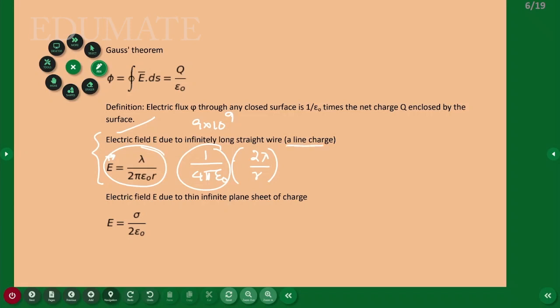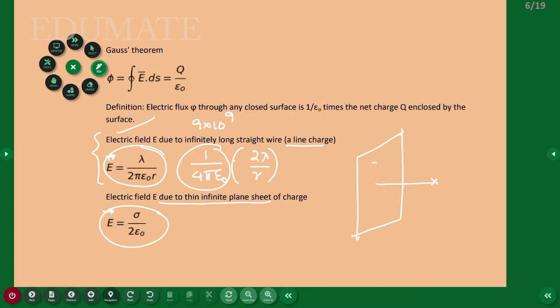We also have to find the electric field intensity at any point due to a thin infinite plane sheet. The equation is E is equal to sigma by 2 epsilon 0. For example, this is a plane sheet, and we have to find the electric field intensity at a point very near to it.